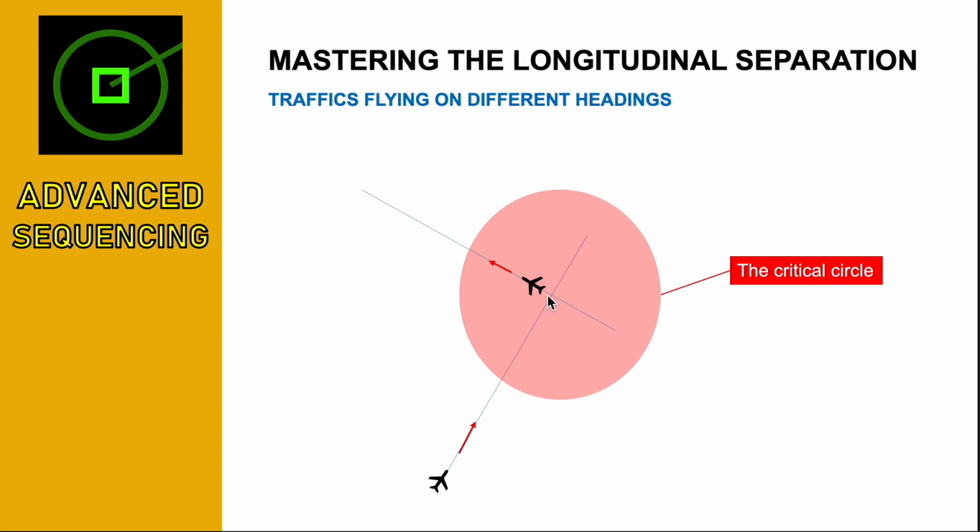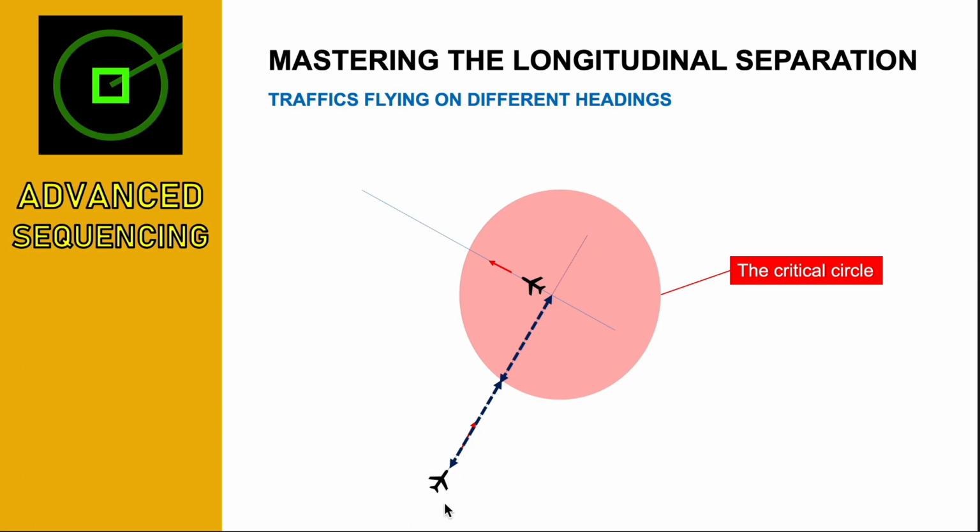So there are going to be situations where you will determine whether or not it's safe to maintain both traffics with the same headings. So you need to bear in mind this. How do you calculate it more or less? Because of course you will never know the critical distance. So usually the critical distance is half the distance between the intersection point and the traffic that is going towards the point.